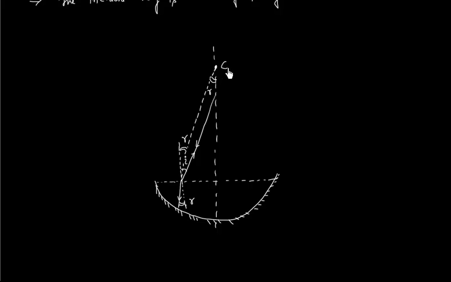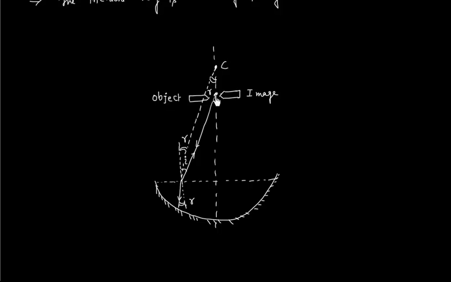Now let us call this point C. This point is the same point where object and image are coinciding. So this side we have image and this side we have object. So this is a point where object and image are coinciding.